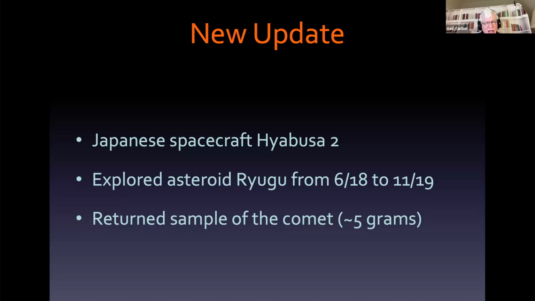I mean, we think that the compounds like RNA, DNA, amino acids formed because of the radiation from the sun. At least that's one of the thinking, one of the ideas about it.